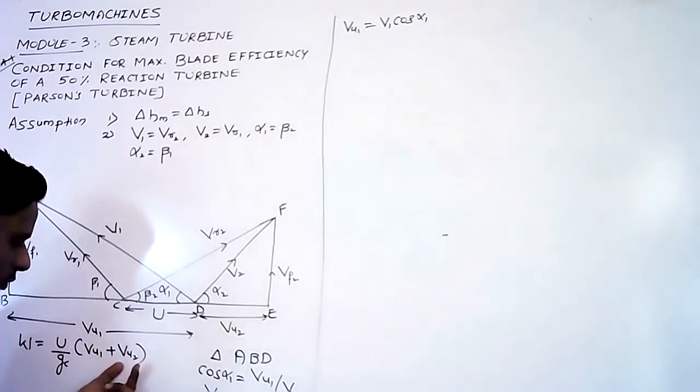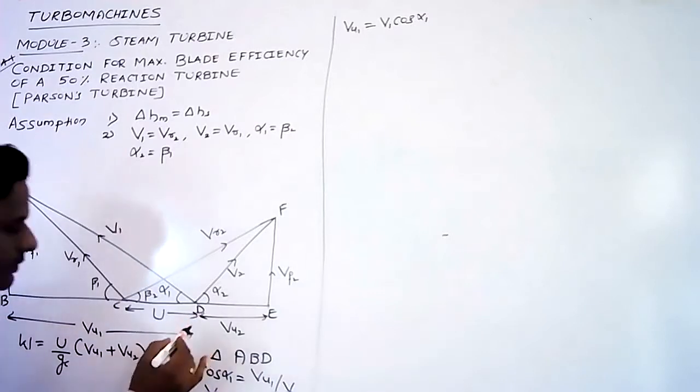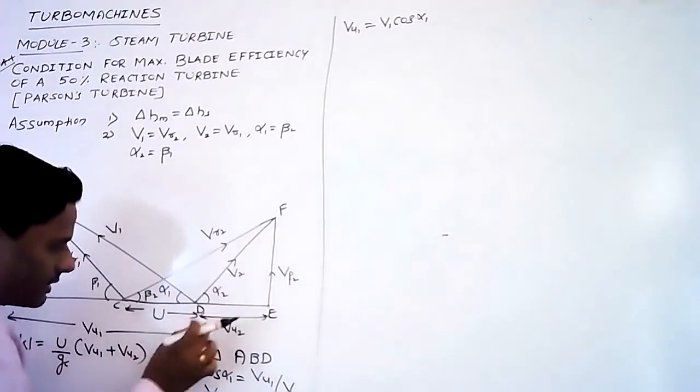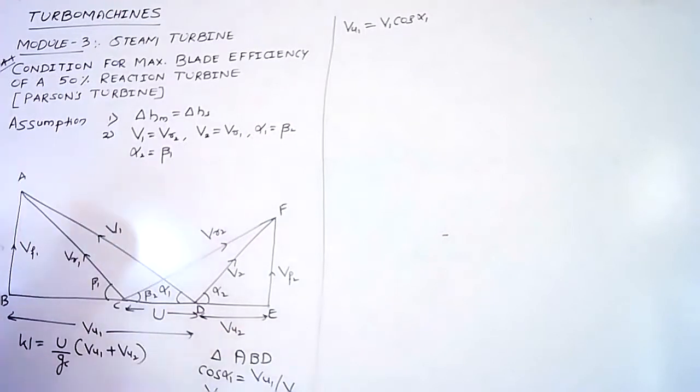Similarly, Vu2 can also be written like this. From this triangle, DE is nothing but Vu2. So how can we write Vu2? Listen carefully.